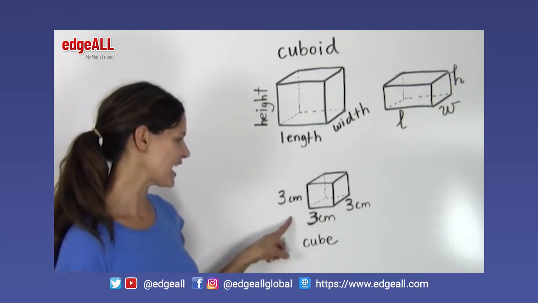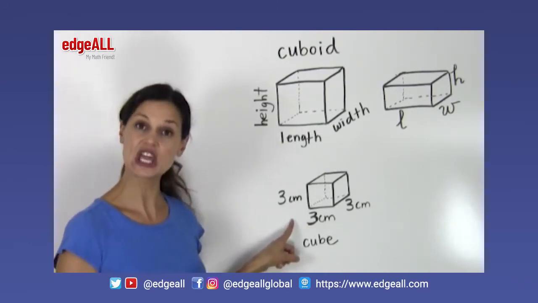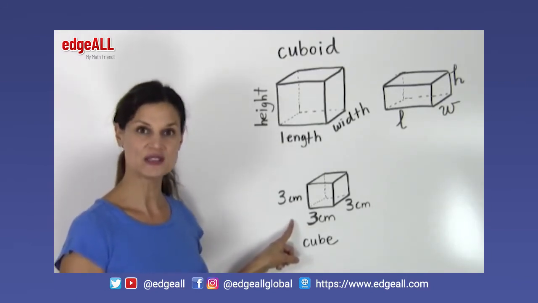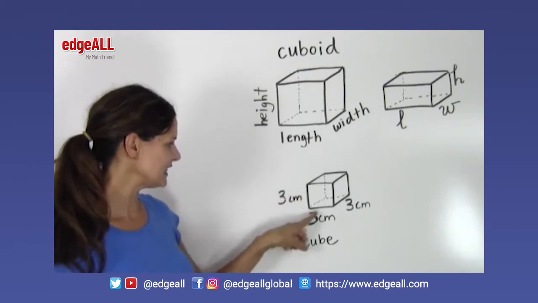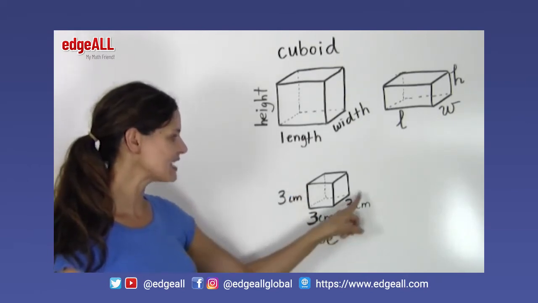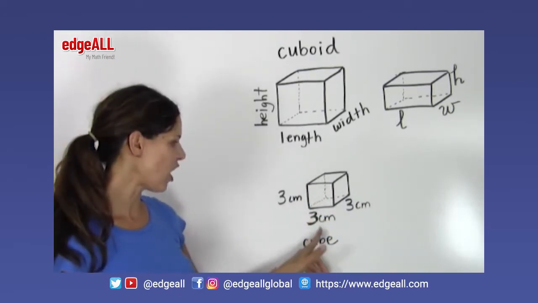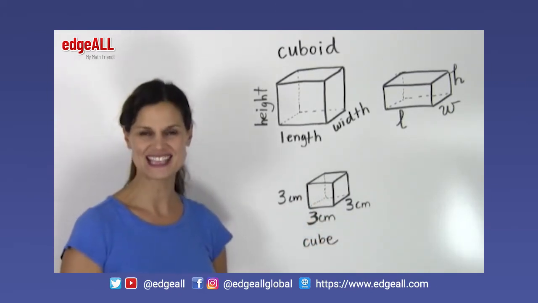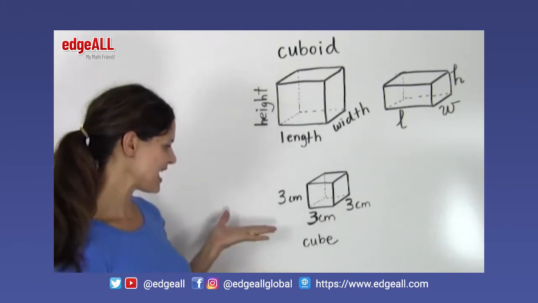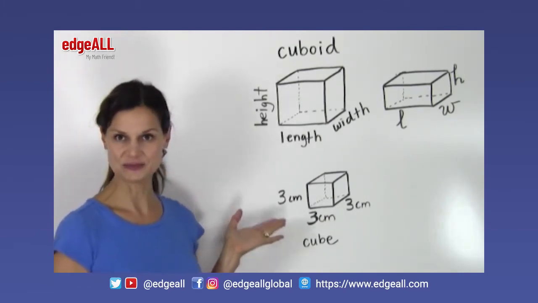Here in this drawing, I can see that this is a cube because it shows me that I have the length, height, and width all equal. This drawing is labeled with all three of them being 3 centimeters long, telling me that this is a cube.